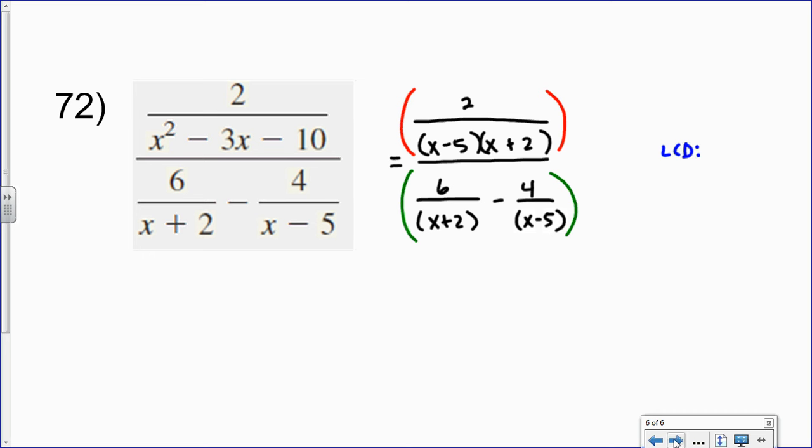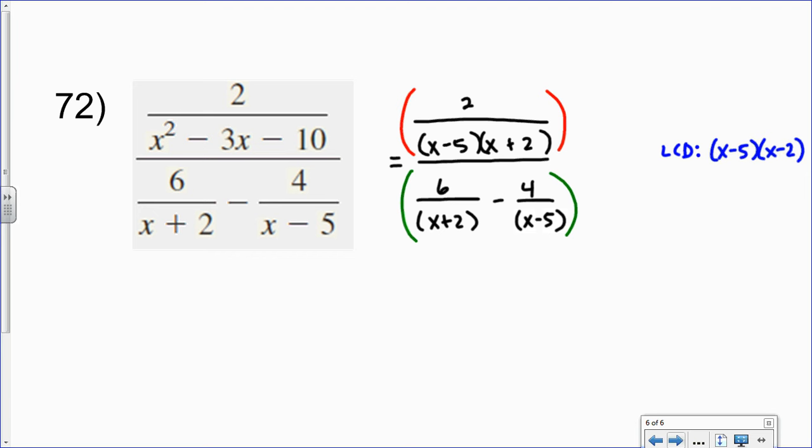So I want to find the LCD of all 3 denominators. I only have 3, because in the top, I just have one expression. So I know I need, for this one, x minus 5, x minus 2. And now let me check the little denominators of the denominator.